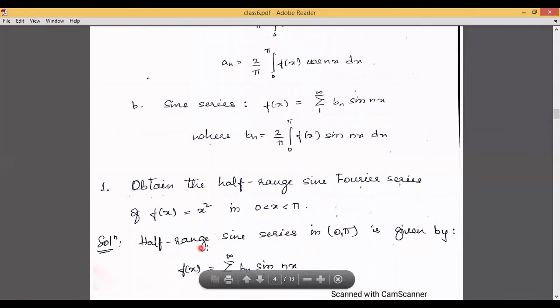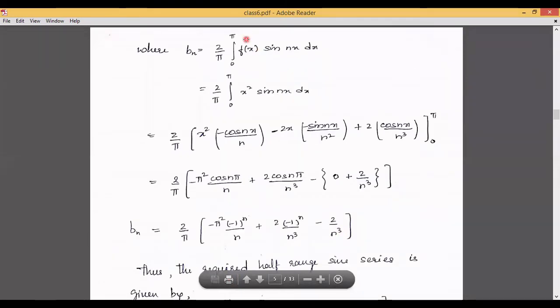Half range Fourier sine series is given by f of x is equal to summation n equal to 1 to infinity bn sine nx for the interval 0 comma pi, where bn is equal to so much, and this you will be integrating using Bernoulli's rule of integration by parts. Here this vanishes both for upper limit as well as lower limit.